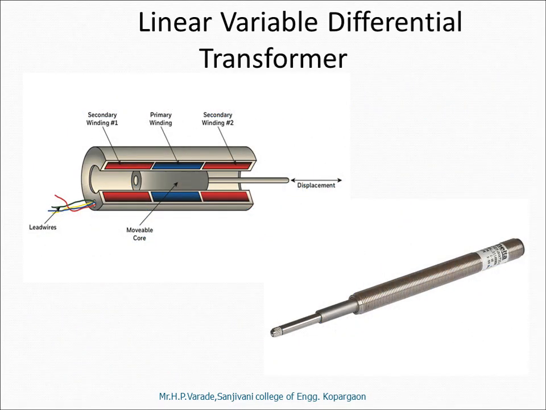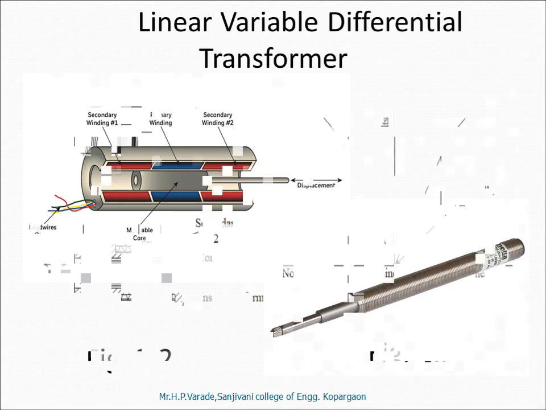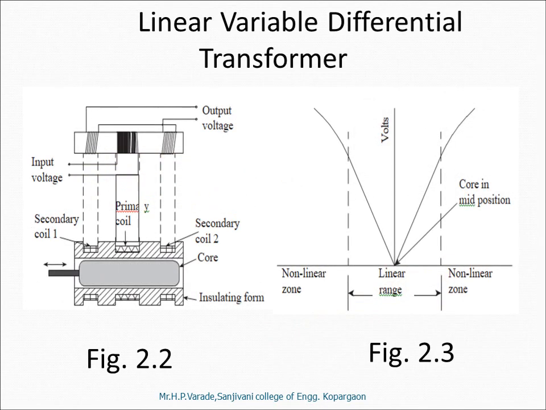So this is the generalized construction of an LVDT: primary winding and secondary windings, movable core, and lead wires which are connected to the LVDT. This is figure 2.2 and figure 2.3. Figure 2.2 shows the sectional view of the LVDT. Figure 2.3 gives the characteristics of the LVDT. See carefully.